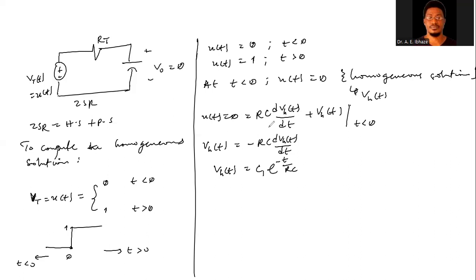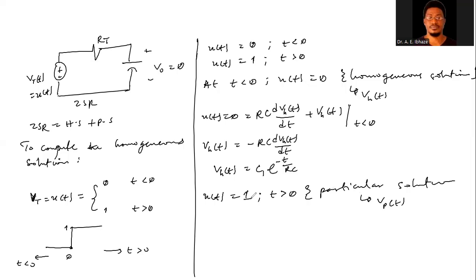So the next point is to solve for U of t equal to 1, t greater than 0, so we now have the particular solution. Then we can replace this with Vp of t.